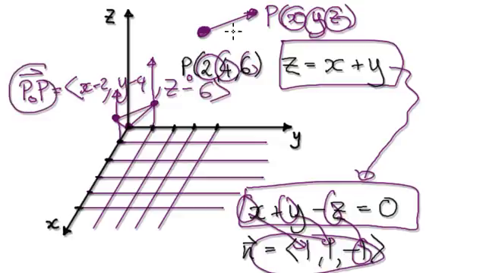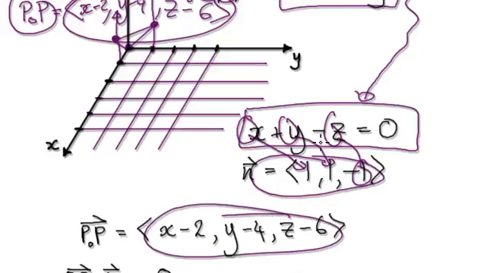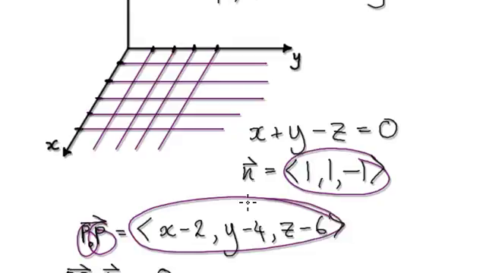So this vector from P0 to the general point P is given by this. Our normal vector is here.